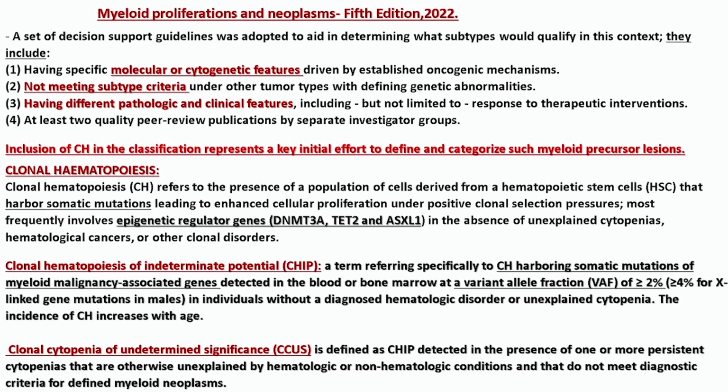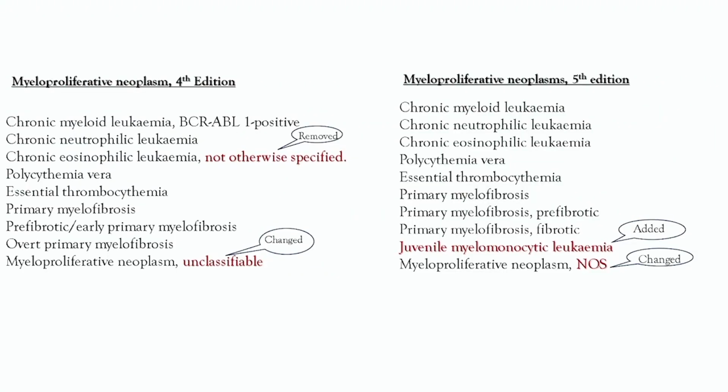Under clonal hematopoiesis, we find the clonal hematopoiesis of indeterminate potential, which is specific to genetic mutations associated with myeloid malignancies, and clonal cytopenia, which includes cytopenia, both with no previous or underlying malignancy, myeloid malignancies, or other hematological or non-hematological cases. Here is the WHO cover, and we can see some things removed, some changed, some added.